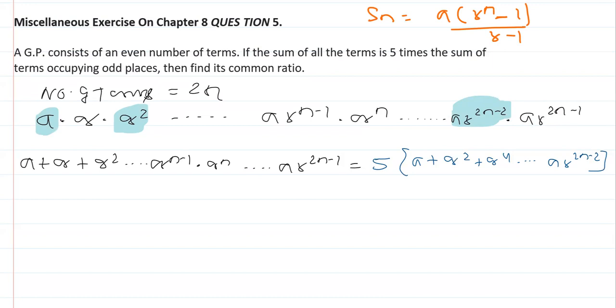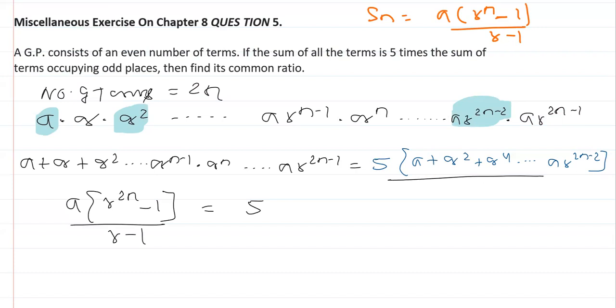So the sum of all terms in this case will be a, r, with n being 2n here: a times r raised to the power 2n minus 1, divided by r minus 1. And that is equal to 5 times the sum of these terms.